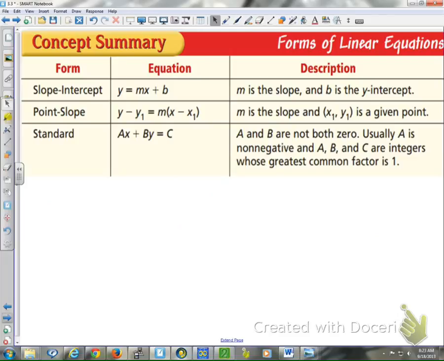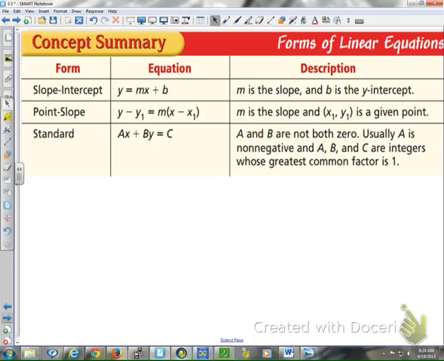Standard's really not used for anything, but the book loves to give you equations in standard form because they look prettiest, but most of the time you just have to take standard and solve for one of the others. Now, like I said, there are ways to use standard form to quickly find your slope and your y-intercept, but it's no harder than just solving for y and pulling them out just like that.